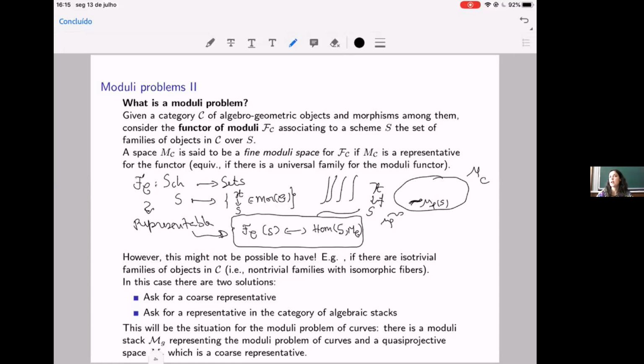For today, C is going to be the category of curves and morphisms between curves, and then I would have to specify which kind of morphisms I need, of course. So I would say flat morphisms or projective or something. It depends on what I want to parameterize. Okay.